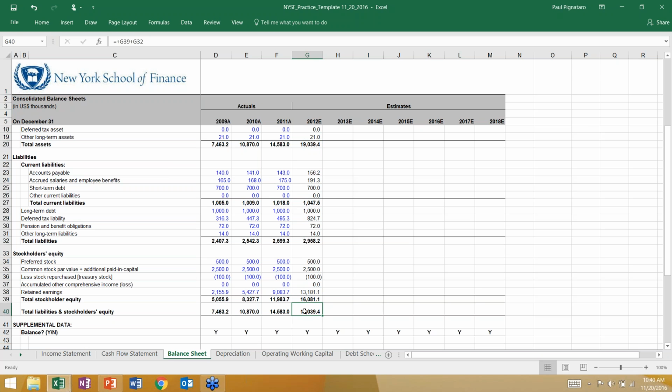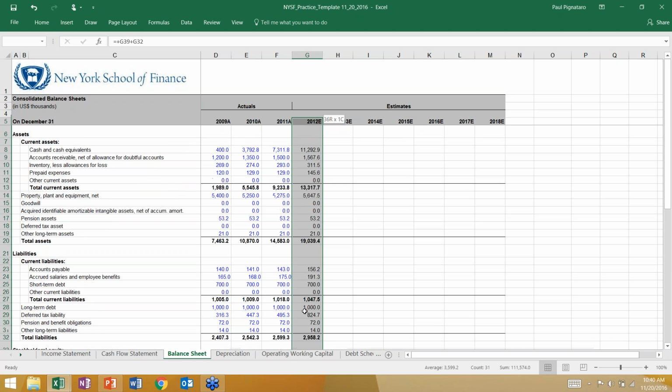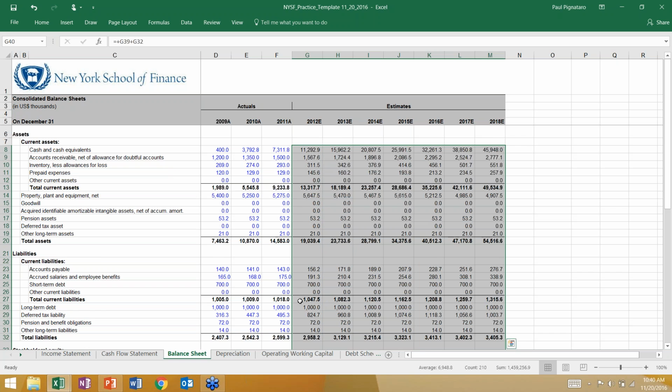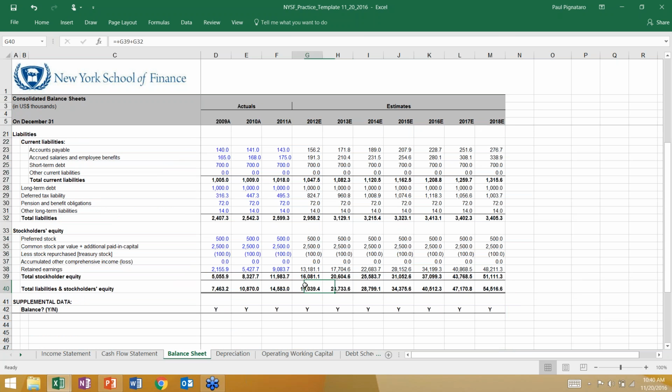Once you have a balancing balance sheet, highlight the row. You can highlight the row by using the mouse or by holding the shift button and tapping the up arrow. Okay? And then while still holding the shift button, tap the right arrow. And then do a big Control R, copy right. And the whole model balances.